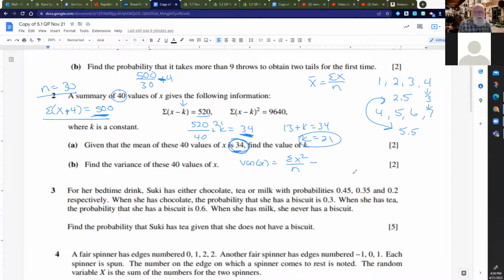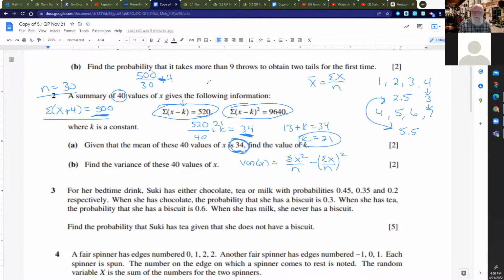The mean squared. And what I'm going to do is make it the sum of the x's divided by n, because isn't that the same thing as the mean? Yeah. But then I am going to square it. Okay, that's the variance. Now, when you have coded data, you're just going to use the coded data. Now, what's my k? 21.